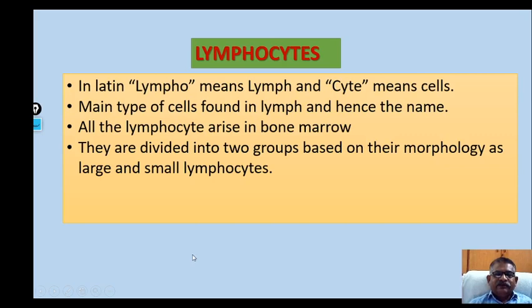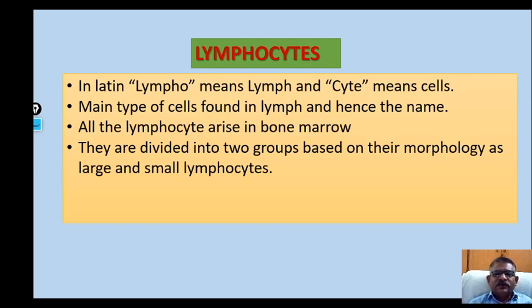The second type of agranulocyte is the lymphocyte. In Latin, lymphos means lymph and cyte means cell. So these are found in lymph, and hence the name lymphocytes.